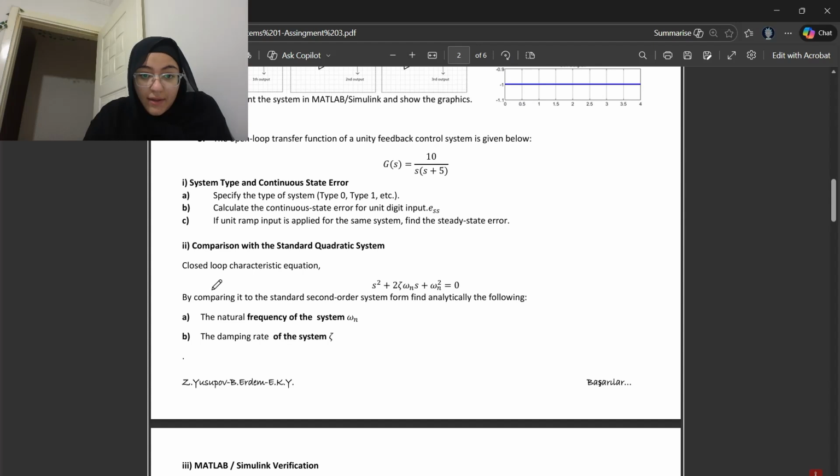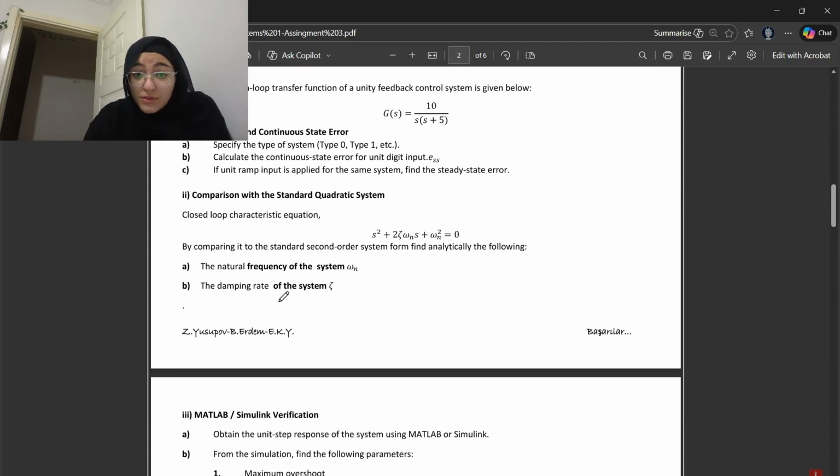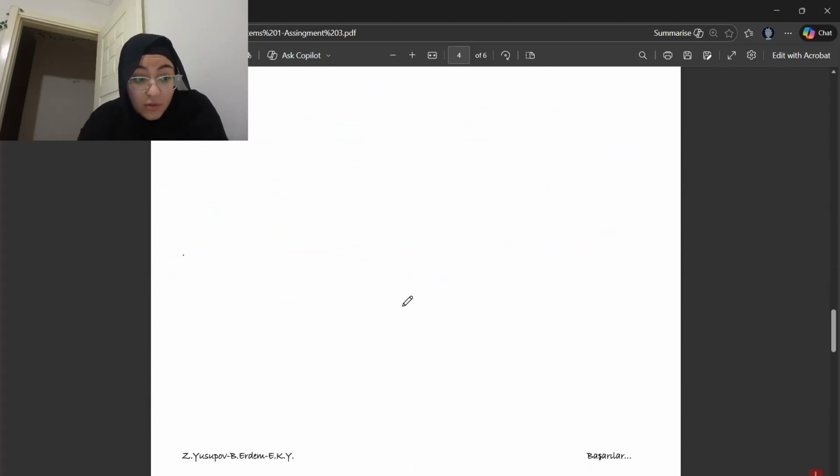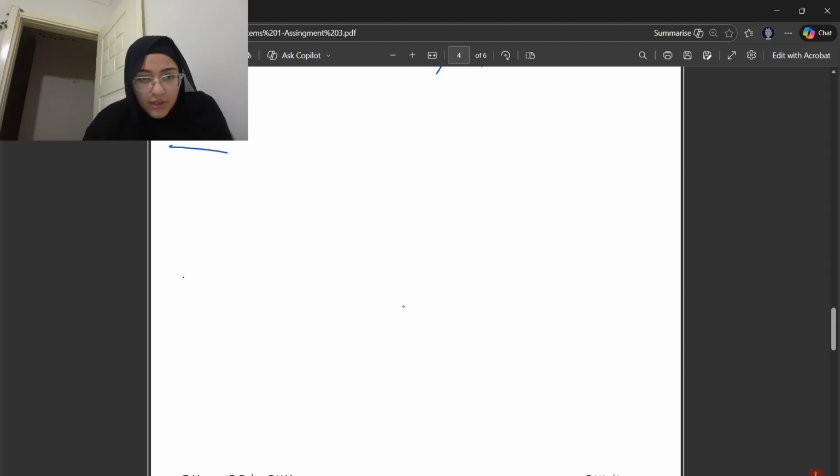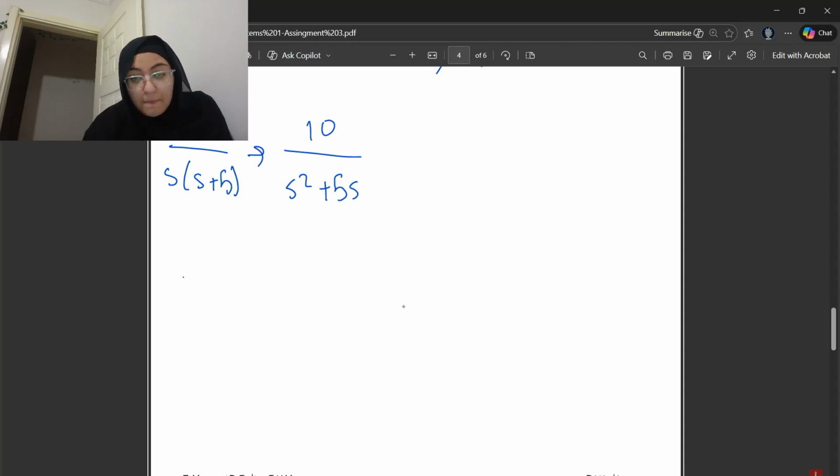Now, comparison with the standard closed loop transfer function. First thing we need to find is the closed loop transfer function. It says 10 over s multiplied by s plus 5, that is 10 over s squared plus 5s.